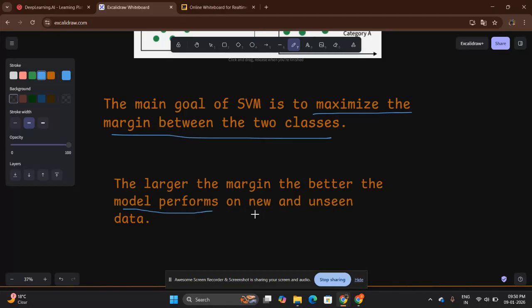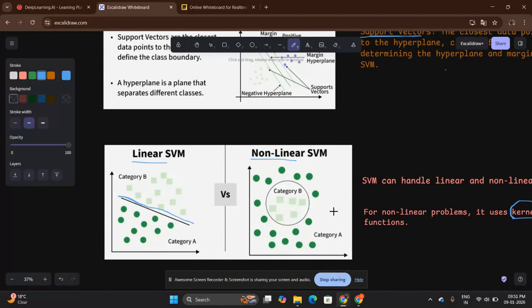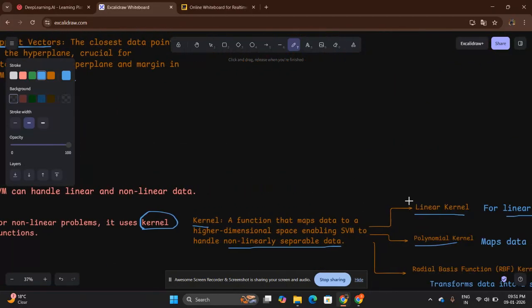If the margin is less, then there might be conflict or overlapping, or less performance of the model. And if the margin is larger, then the model gives accurate predictions, accurate classification for seen data and unseen data also. Likewise, support vector machine is going to work.